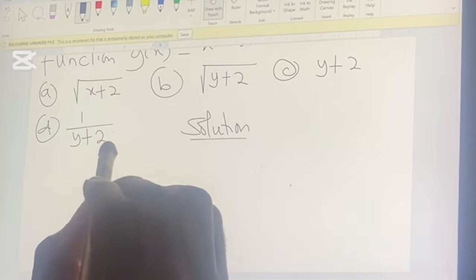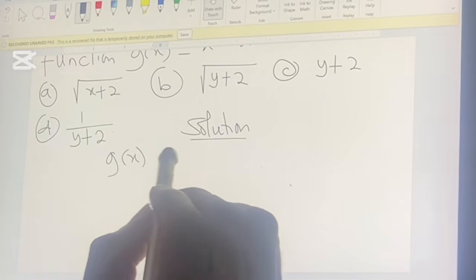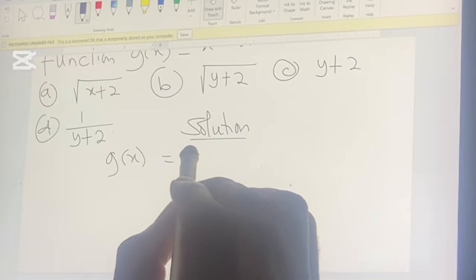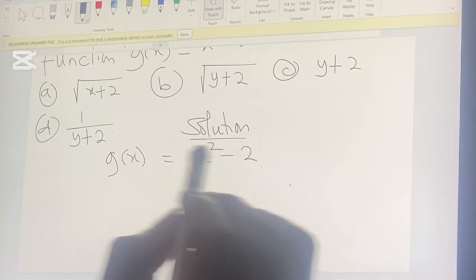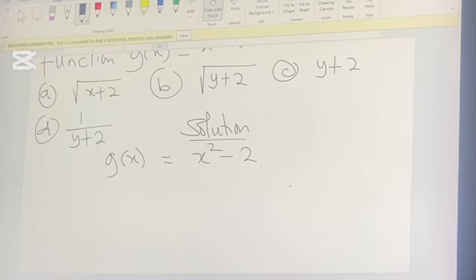So the function given to us here is g of s equal to s squared minus 2. And remember this, that when you are given a function and you are asked to find the inverse of the function, the first thing is to make letter s the subject letter, okay?